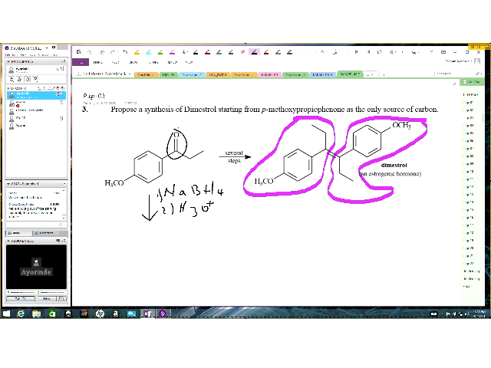If you do that, then you get your alcohol. And then once you get your alcohol, what reagent do we need to transform the alcohol to a bromide? Okay, phosphorus tribromide. Very good.